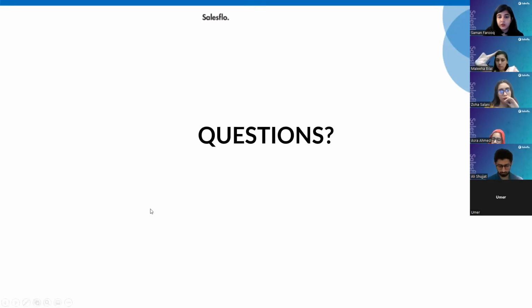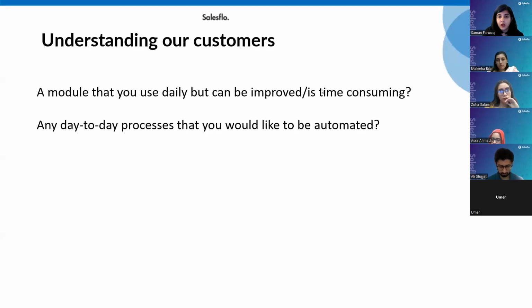Yeah, so we do have a question for you. We want to understand our customers basically. This is an open-ended question. Any suggestions that you would like to give us? Any daily operation at the distribution that you feel can be improved through Salesflow, or do you feel is time consuming, or that you'd like us to automate?